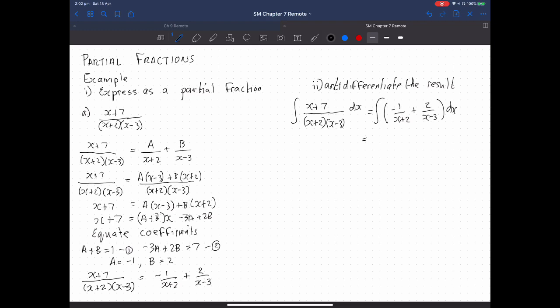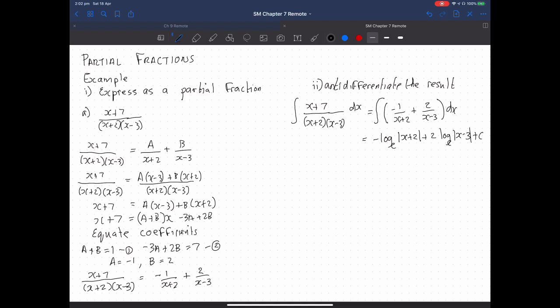Anti-differentiating these two expressions, I get minus log e of the modulus of x + 2, plus 2 times log e of the modulus of x - 3, plus c.